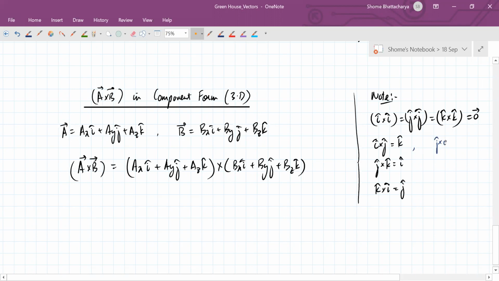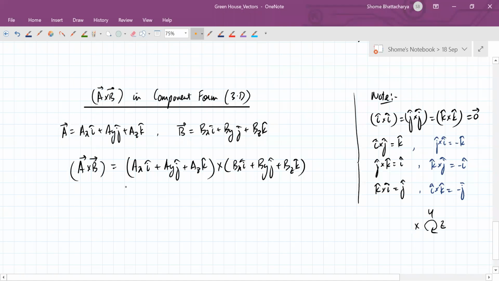So J cross I becomes minus K, K cross J becomes minus I, and I cross K becomes minus J. The easy way to remember this principle is to remember the circularity in order like this. If you go along the clockwise arrow, you have the positive sign. If you go opposite, you have the negative sign. So we'll make use of these formulae now.